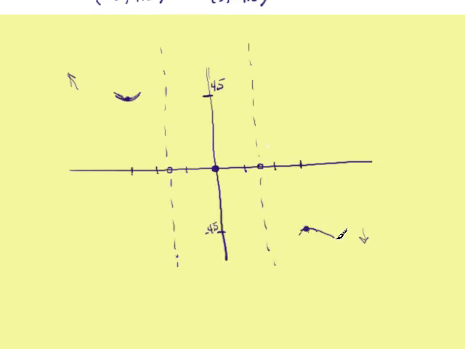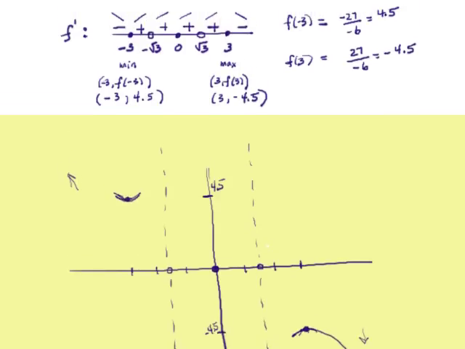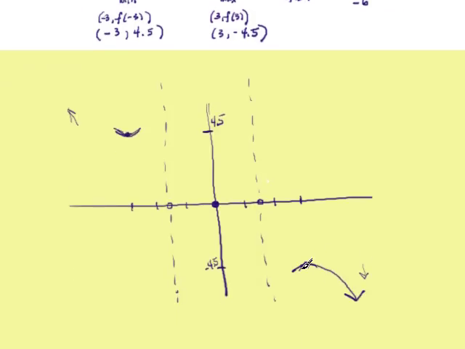Let's fill in that end behavior and connect with that. And here it's going down as well. We also have from our f double prime that it's concave down here. Between root 3 and 3, the curve is increasing, so that means it's going like this. So it must be going down there at that asymptote.